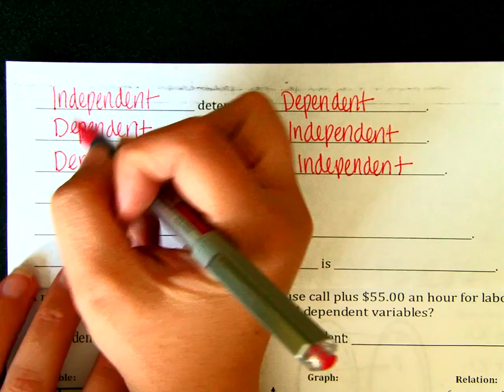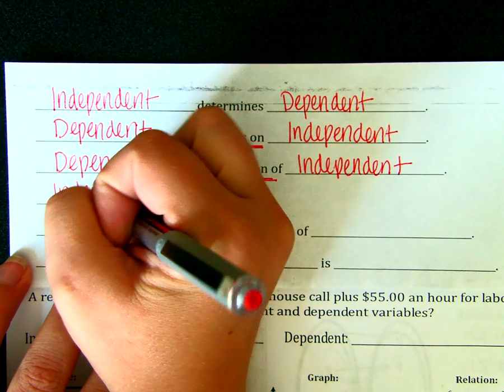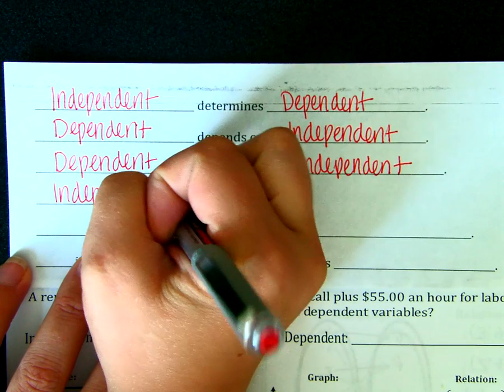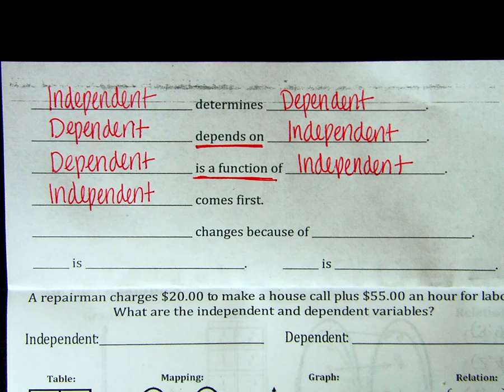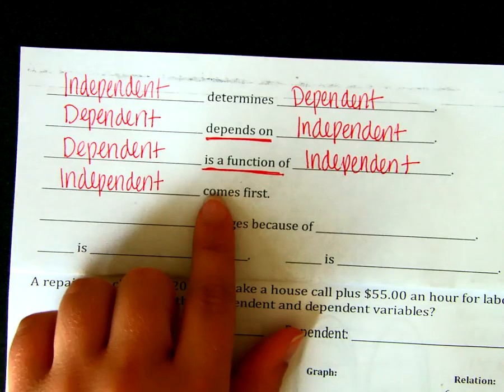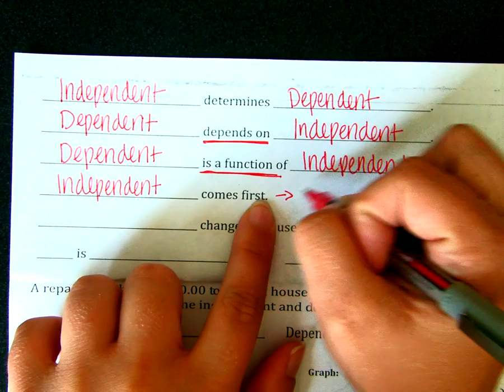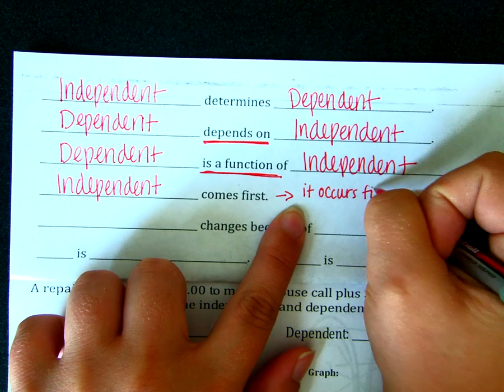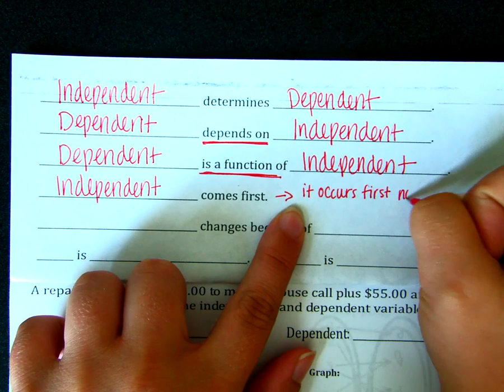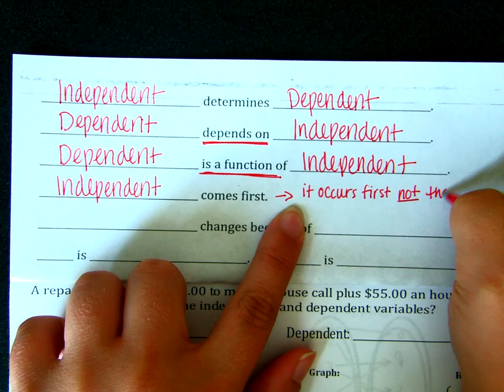Now, independent comes first. When we say independent comes first, do not think that we mean it comes first written. It does not mean it's the first thing in the word problem. When we say it comes first, we mean it occurs first, not that it is written first.